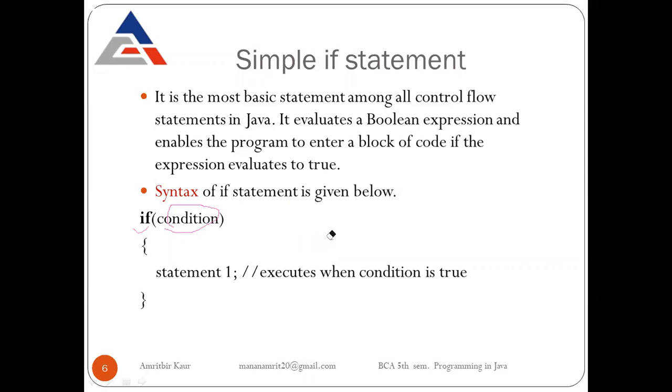Then the body of our if statement starts. So this is the block of the if statement, we can see. And then in this block we write our statements as per our requirement, and these statements will be executed when the condition is true, otherwise they will not be executed.